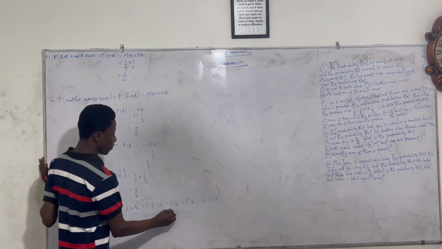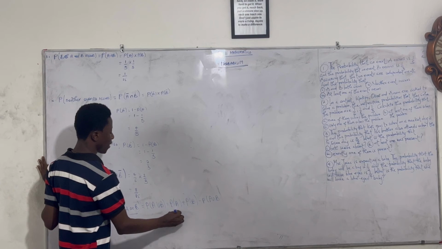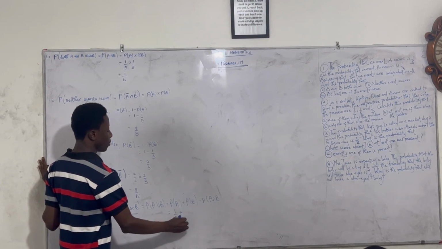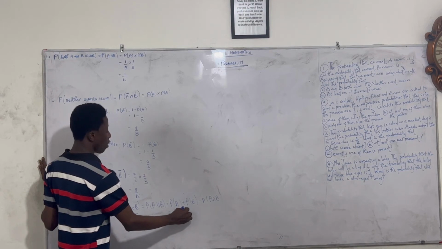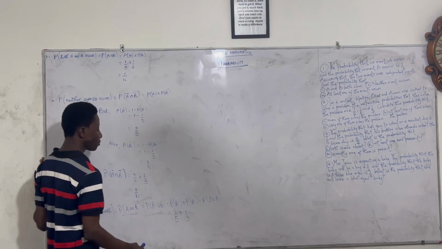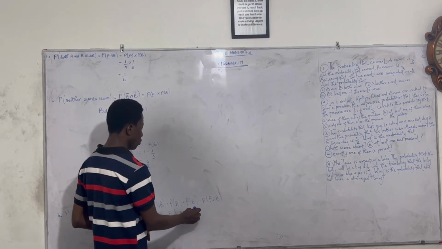If you know this, the probability of A occurring, you know that as 1/5, plus the probability that B occurs is 1/3. So that will be minus. Now A intersection B will be what, please?